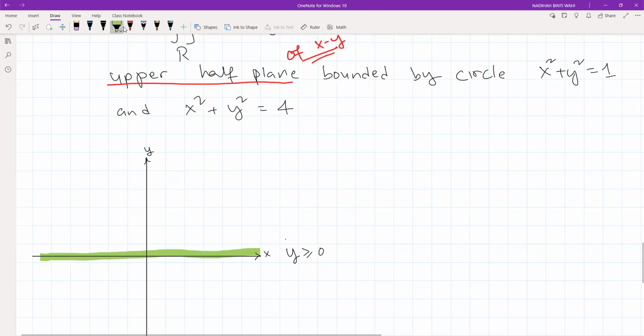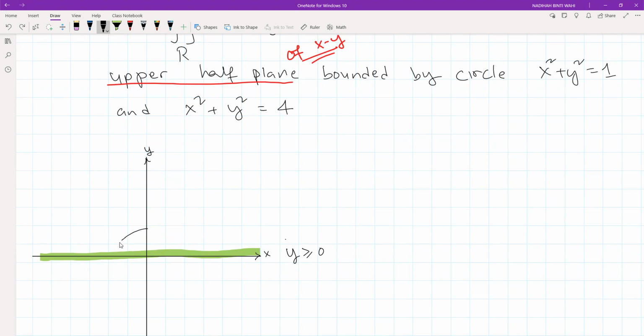Okay, so kalau kita lukis dia punya x squared plus y squared equals to 1.